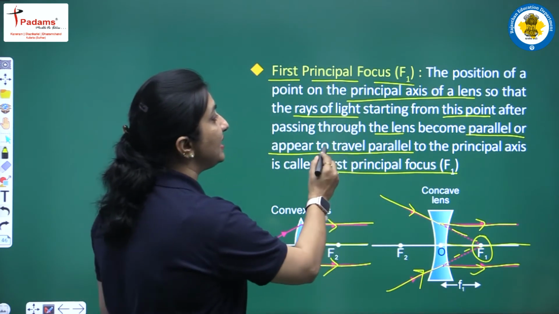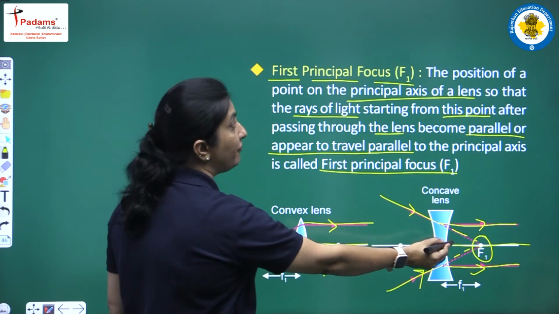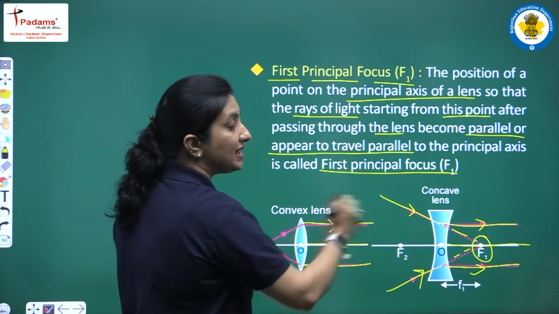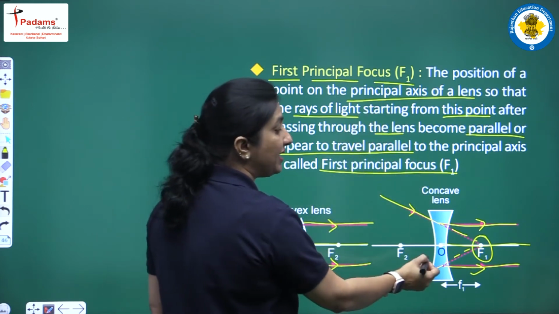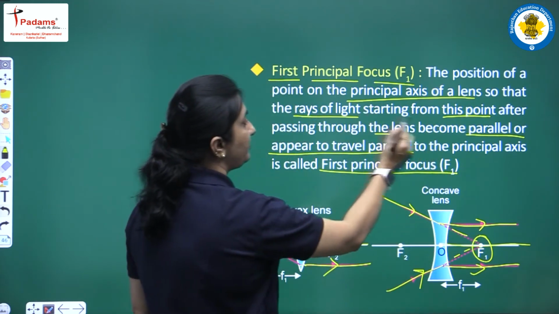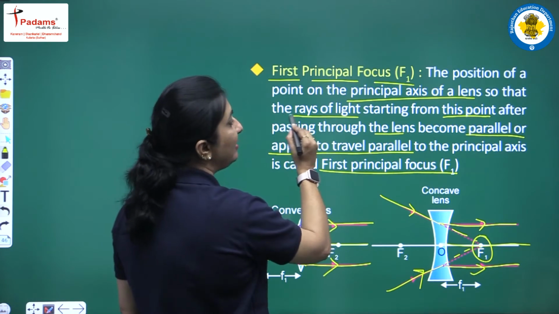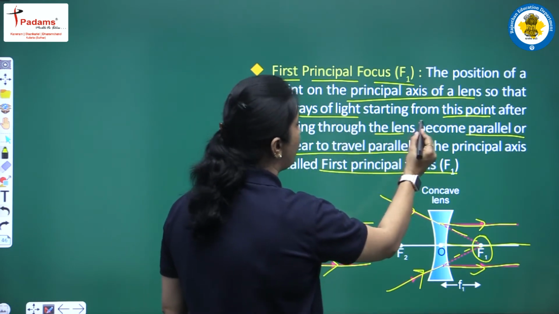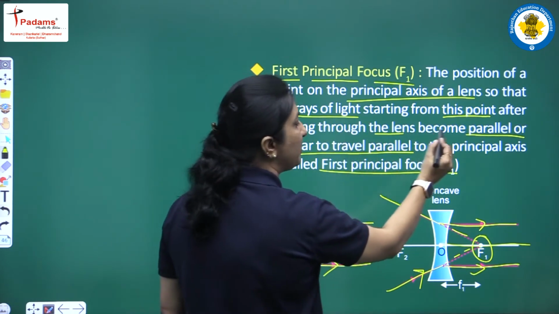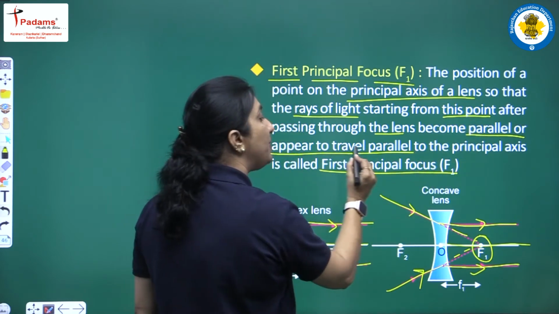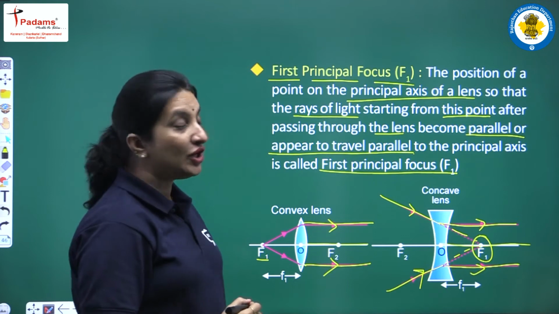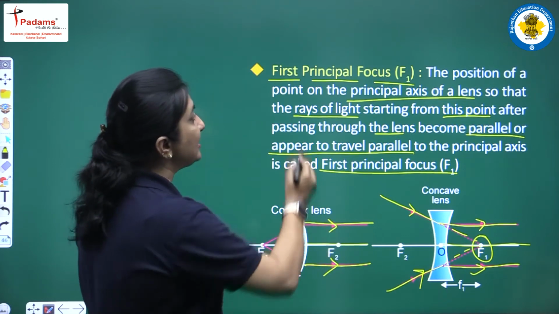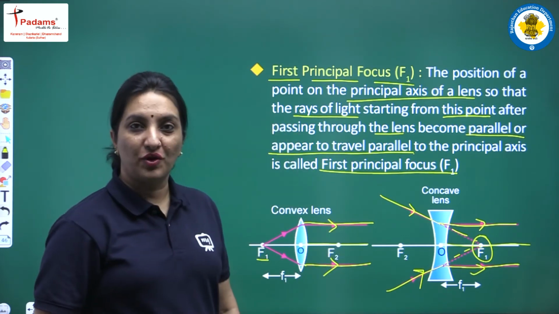The first principal focus in the case of a concave lens is the point on the principal axis of the lens so that the rays of light starting from this point, after passing through the lens, become parallel or appear to travel parallel to the principal axis. So these are known as the first principal focus.